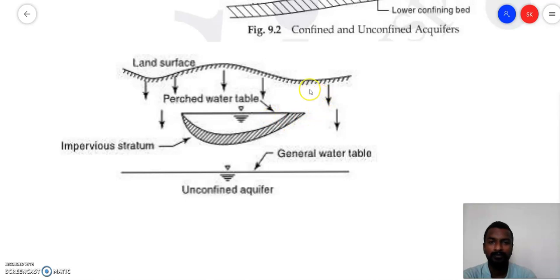So we need to reach up to this particular point, the general water table, and only then will we be able to pump water from this unconfined aquifer. So this is all about the perched water table. When we say perched water table, basically there is an impervious stratum in which water is stored, which is generally a small amount.